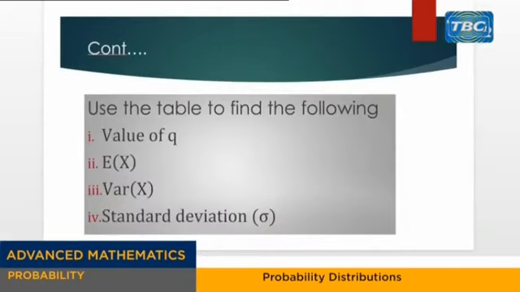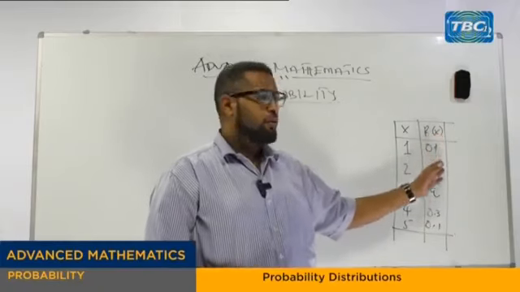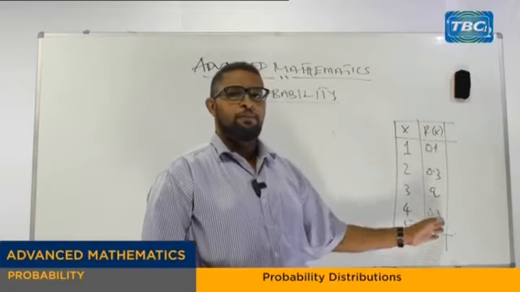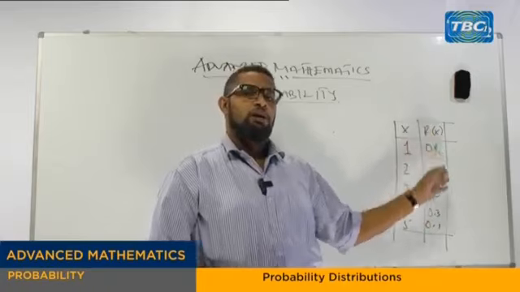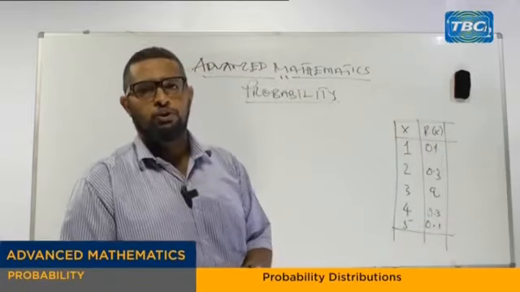Now this table will help you to solve this question. Use the table to find the value of q, then the expectation of variable x. But you cannot find the expectation of variable x unless you know the value of q. So now let's start finding the value of q. Because q falls under the column of probability, you need to remember the formula for the summation of probability, which is always equal to 1.